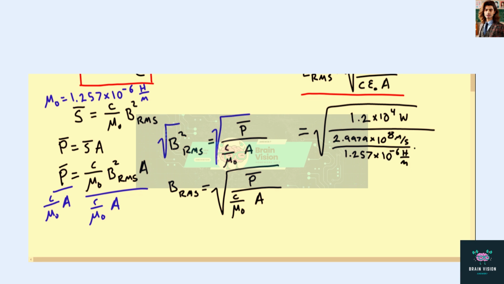And then the area, which was 135 meters squared. Plug all that into your calculator, you're going to get something that's about 6.1 times 10 to the minus 7. And the units get a little complicated here, but since we're using all standard units, meters, seconds, watts, we know that the magnetic field is going to work out to units of Teslas.